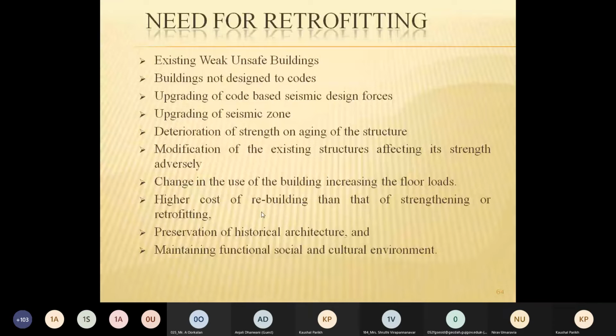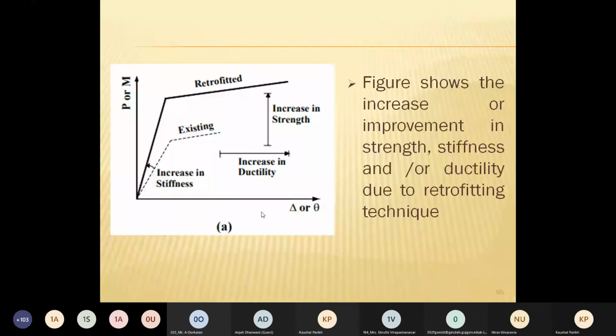Now, here one image shows that clearly. The first graph shows the P versus delta curve, the load versus deflection curve, or you may say the moment versus theta rotation curve.